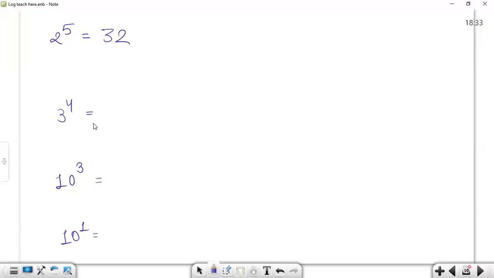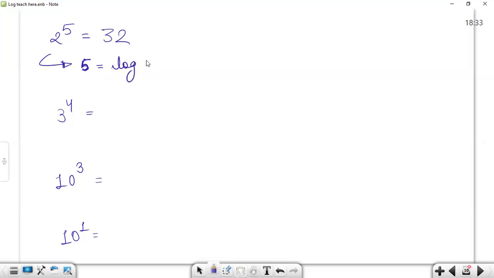What will be 3 raised to power 4? Okay, leave it. Let's discuss it first. Now, I want you to represent this equation in a logarithm function, and what is 5 equal to here. How can we find it out? So let me do it for you.